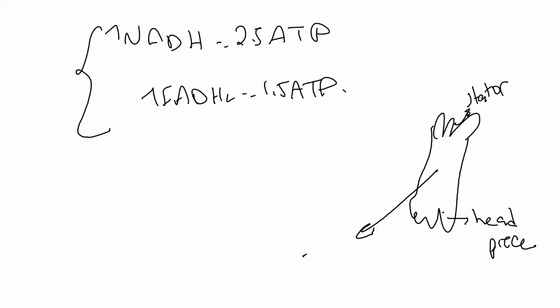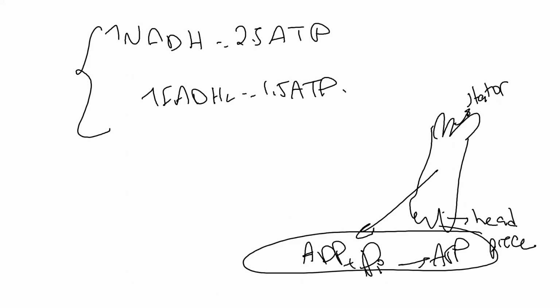Here the reaction ADP plus an inorganic phosphate from outside creates ATP, and this process will happen to create ATP from NADH and from FADH2. It will also be creating water in addition to that.